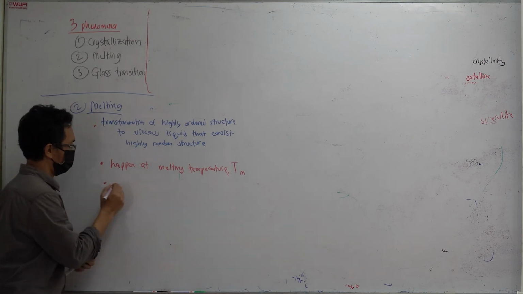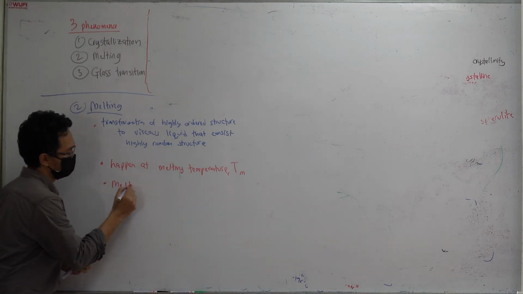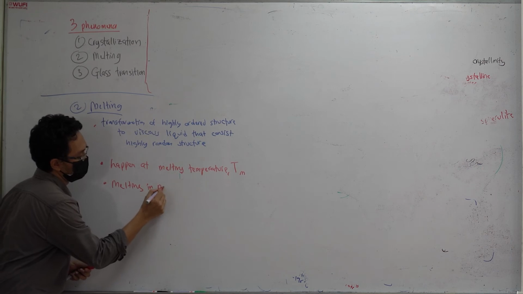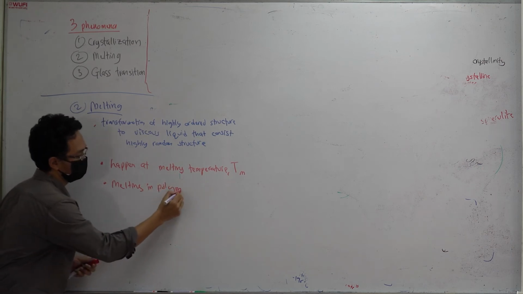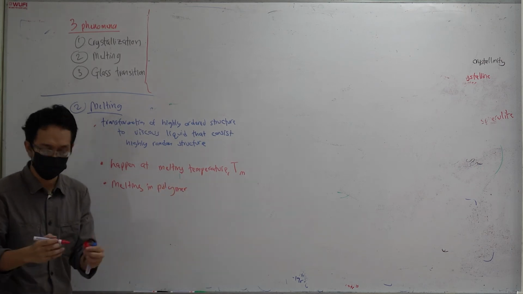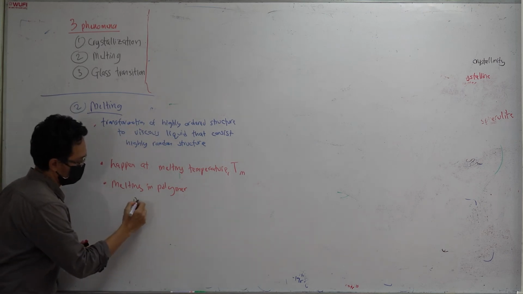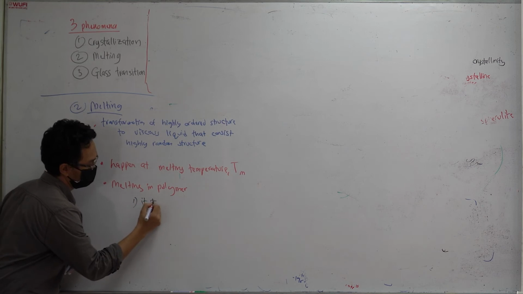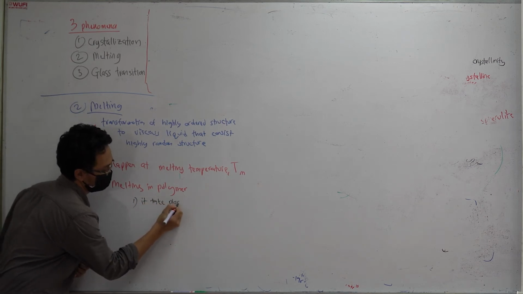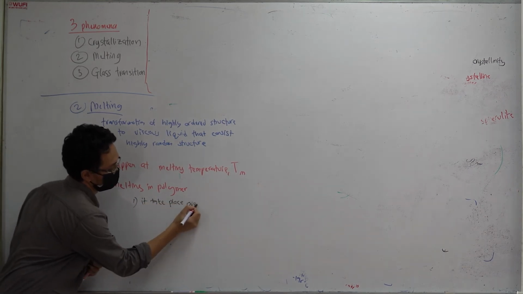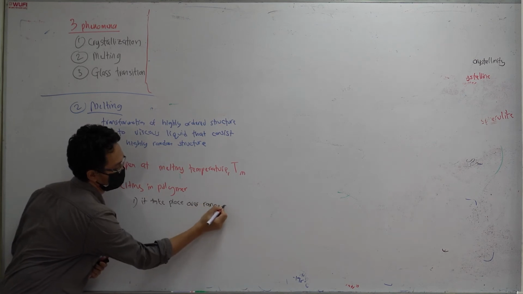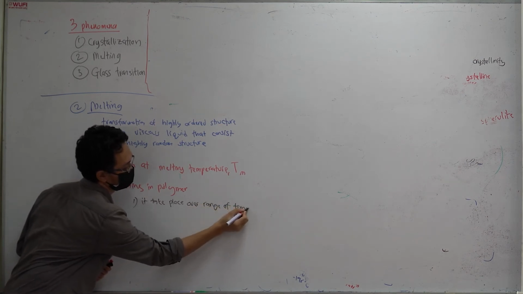What makes melting in polymer different from metal and ceramic is that first, it takes place over a range of temperature. We will discuss this later.